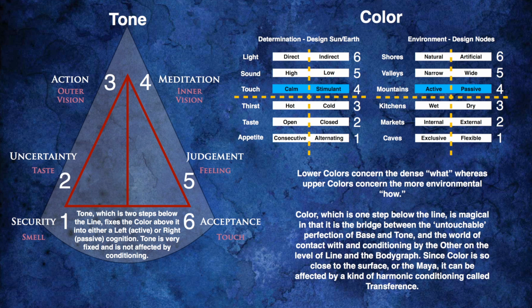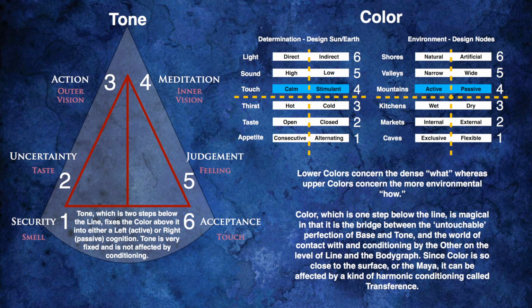When we look at the fourth color environment, it's called mountains. And it has a left fixing expression of active and a right fixing expression of passive. Now, mountains is a fascinating environment because it has to do with perspective. In human design, the lower color environments are called hardscape.